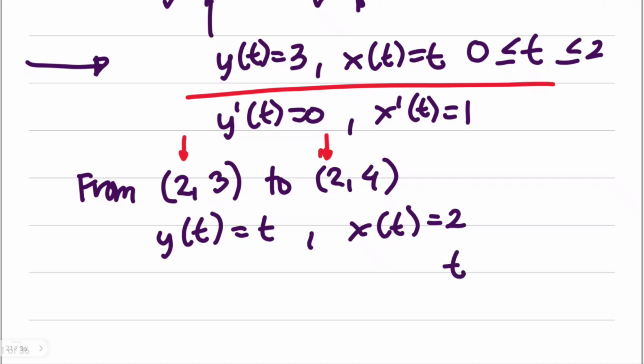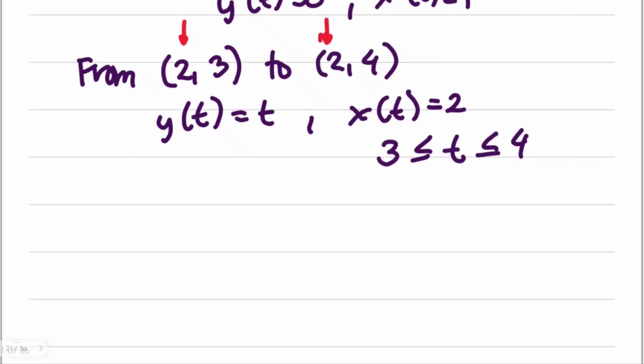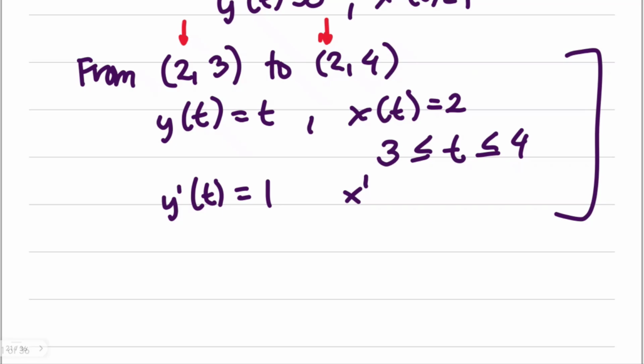Of course, your t here is between the values of y that change from 3 to 4. That's your a to b. If you would like to take the first derivative to complete the situation, y prime of t is 1, and then x prime of t is, of course, 0.